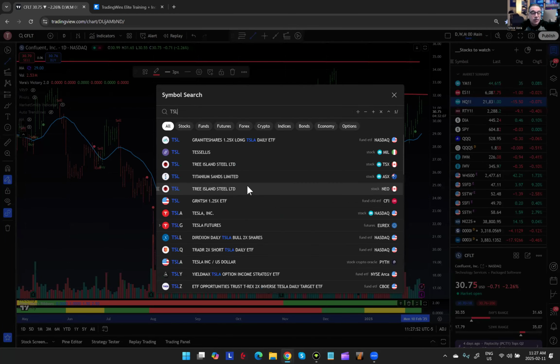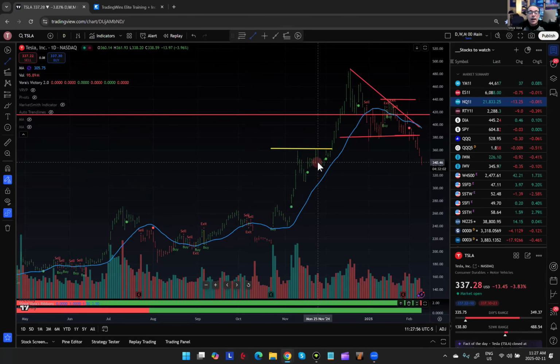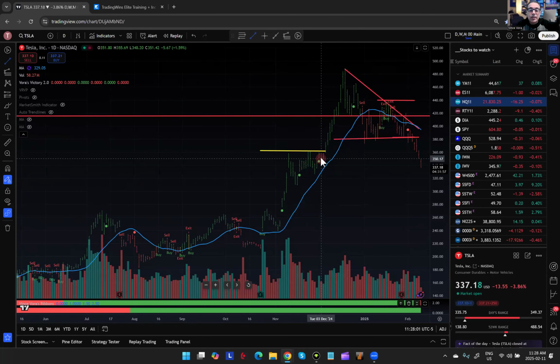Tesla. Let's look at Tesla. Marsha wanted to look at Tesla. So Tesla, this is a position I took recently. This is what we call a descending triangle, where you have a series of lower highs, but you have a series of lows at the same level. What you're looking for here is a break of these lows.